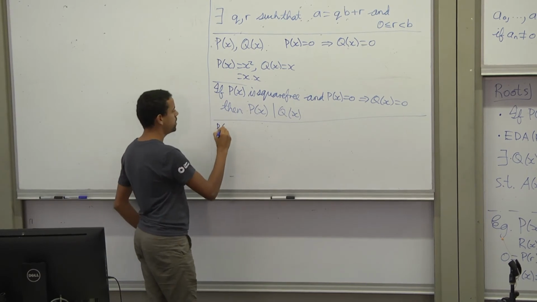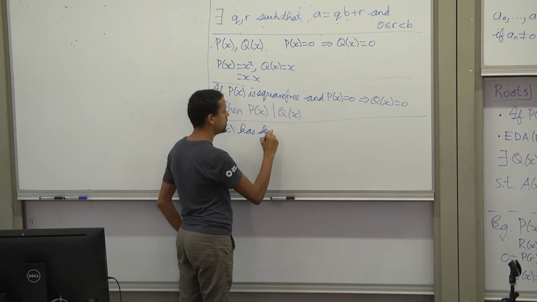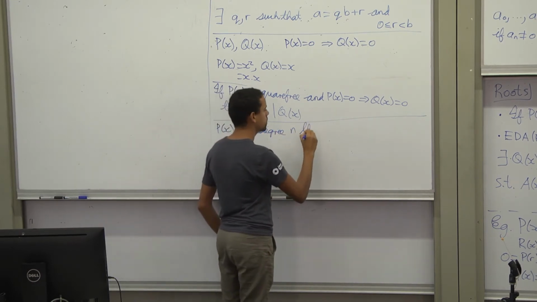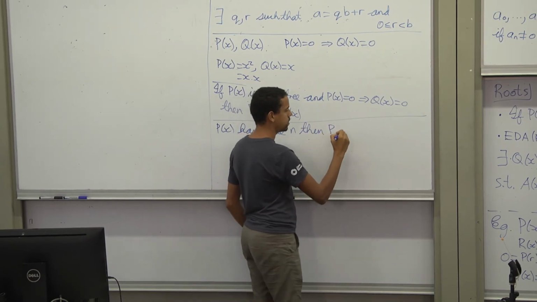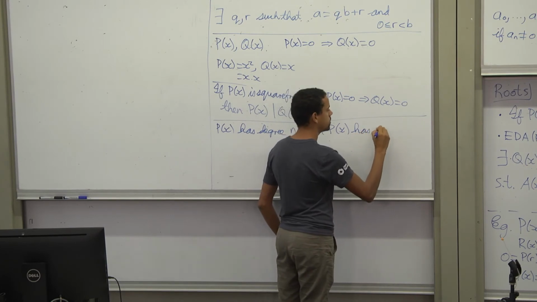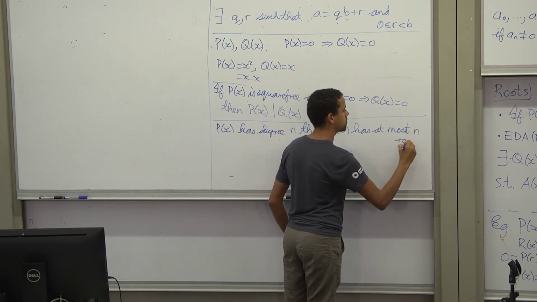So if p of x, a polynomial, has degree n, then your polynomial p has at most n roots.